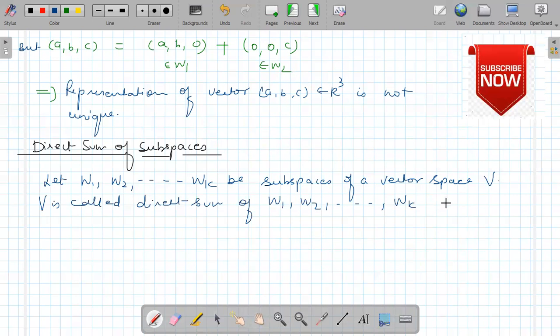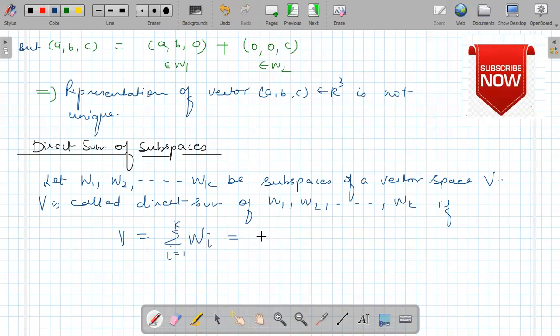Let Wi be subspaces of vector space V. Then V is called the direct sum of these subspaces if V is obtained by adding; V is nothing but the sum of Wi's, and we have defined the meaning of summation of Wi's.